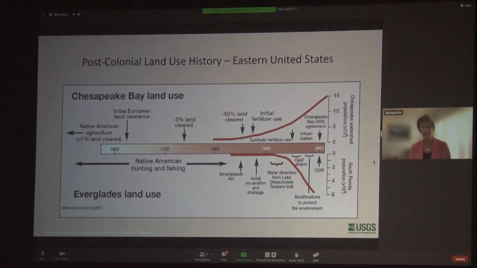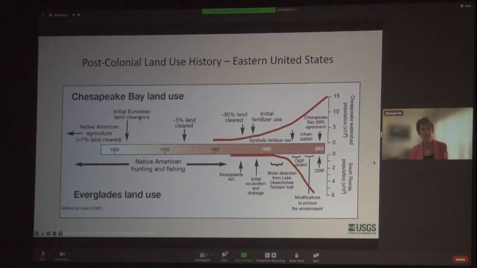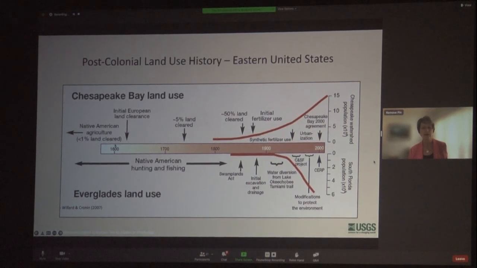Now, if we get to the really big impacts in Chesapeake Bay, those are coming from us. And I've got a timeline here, which shows Chesapeake Bay land use on the top, Everglades on the bottom. This was from a paper where we were talking about both of them. But we can see that up until the early 1600s, very little of the land was cleared.